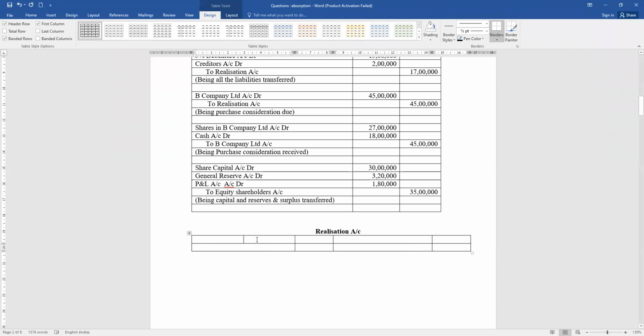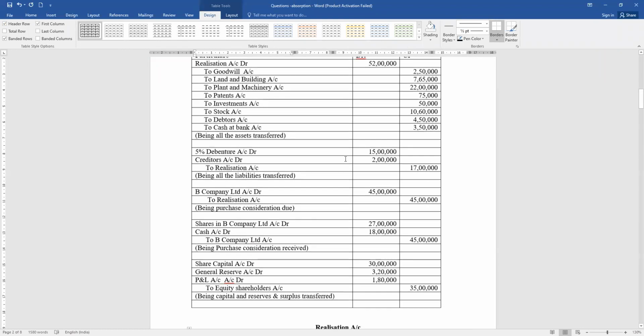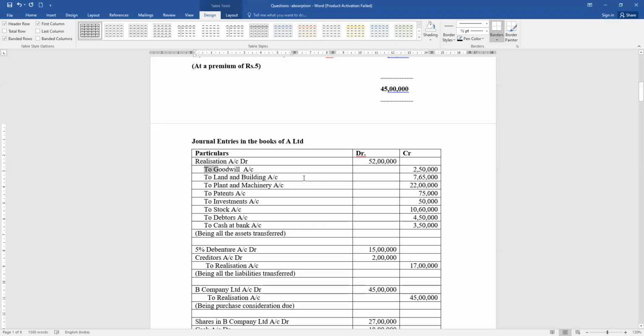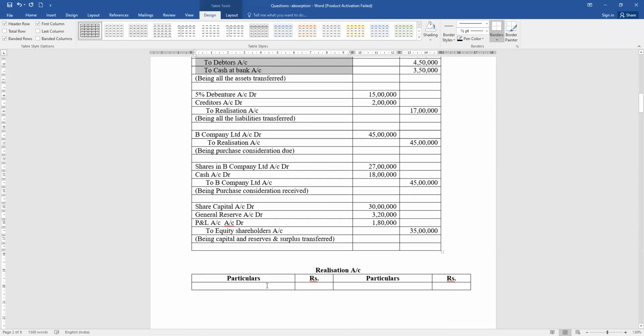Okay, now it is ready. Now you know very well, all the assets will come on the debit side. You are going to transfer all the assets to the debit side.